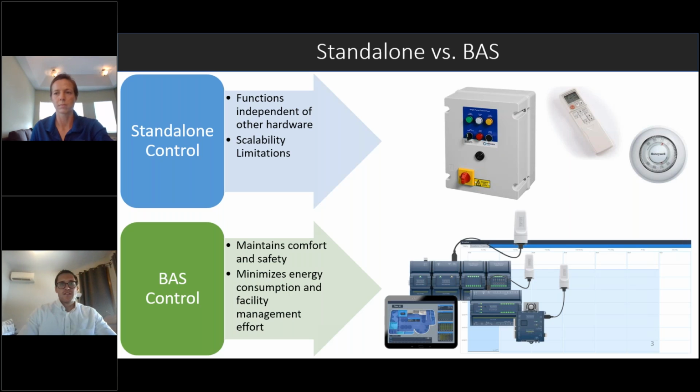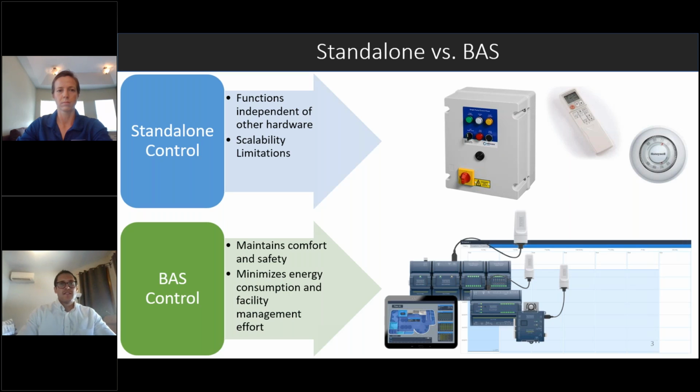If that's not networked into the rest of the BAS system, that unit will operate standalone, and it will operate as good as it can based on the information it has available. It's not able to collect feedback based on water temperatures, how your plant's operating, work with VAVs or anything too complex. So that's what you're looking at with standalone control.